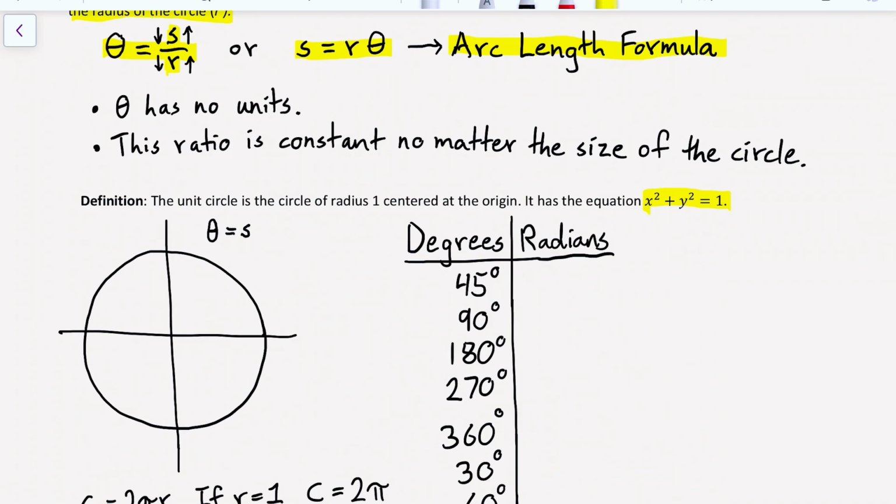That means if I measure s for an angle that goes all the way around, which we already know is 360 degrees, we get a measurement of 2 pi.